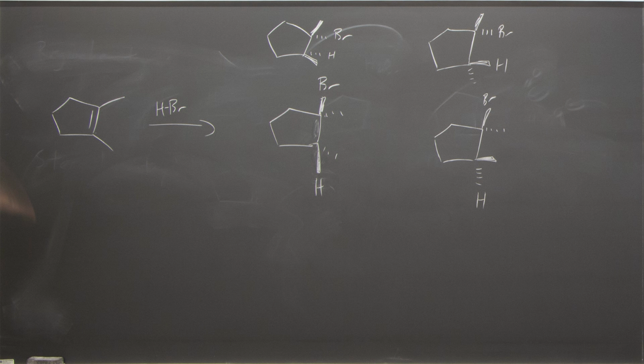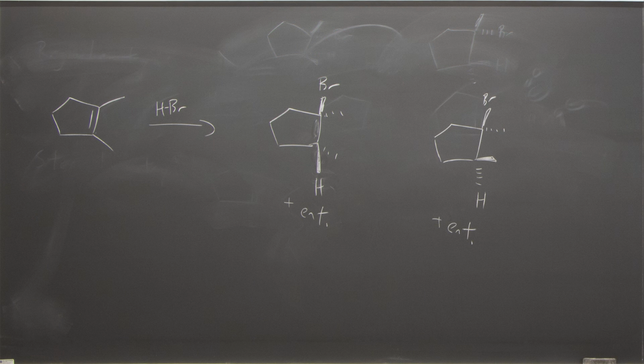Now, reality is, I wouldn't draw all four of these. I don't expect you to draw all four of them. You draw the two that represent syn and anti-addition, the ones I have, the lower two, and just write plus its enantiomer. That tells me that you realize we're talking about relative stereochemistry, not absolute.